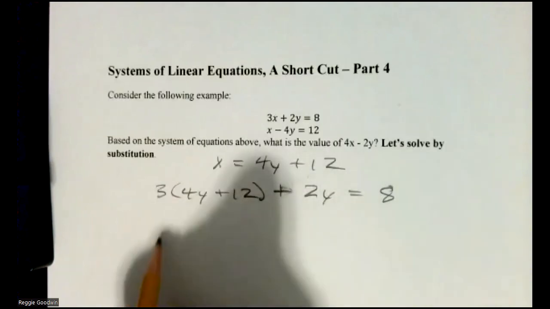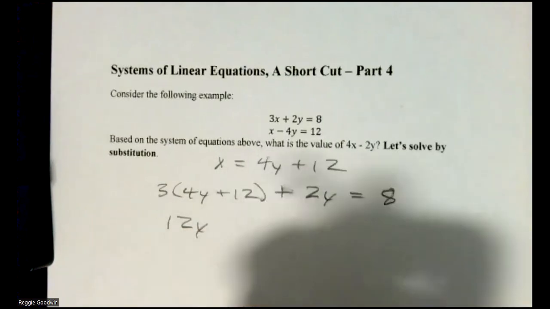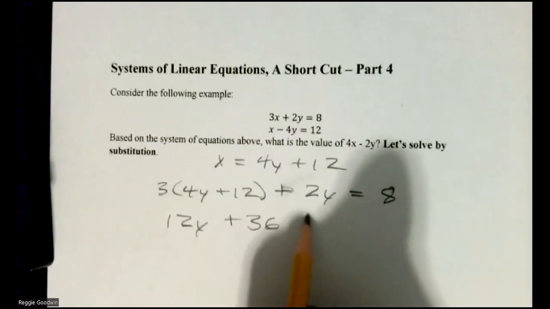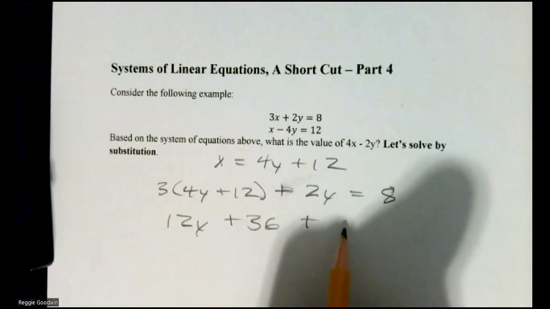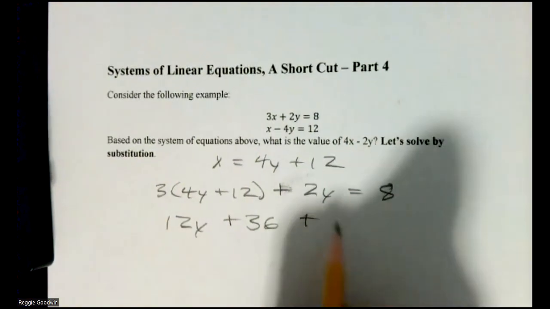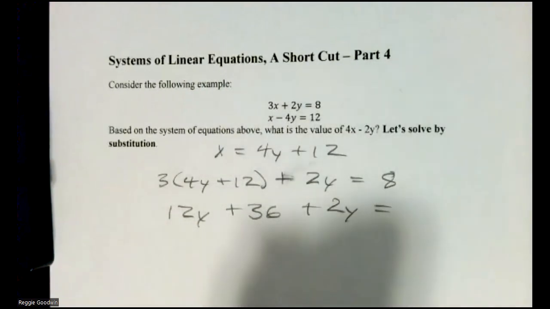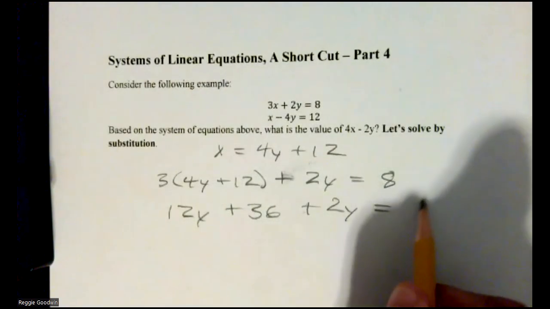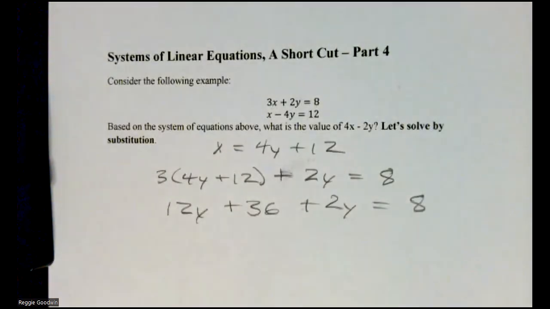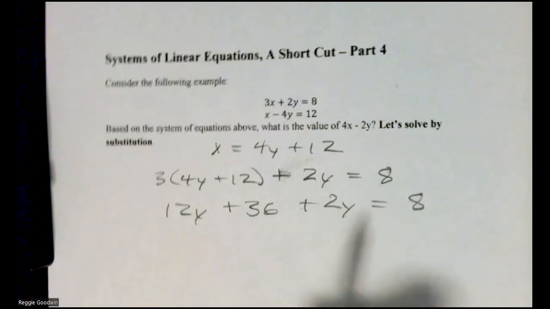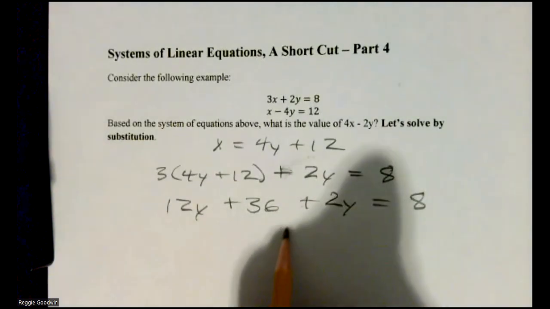So distribute the 3, we're going to have 12y plus 36 plus 2y equals 8. Twelve y plus 2y is 14y.